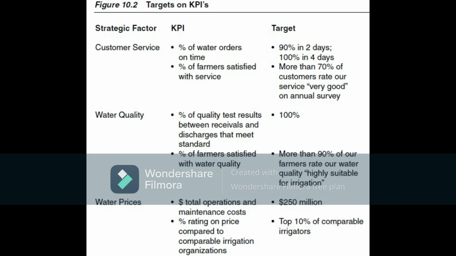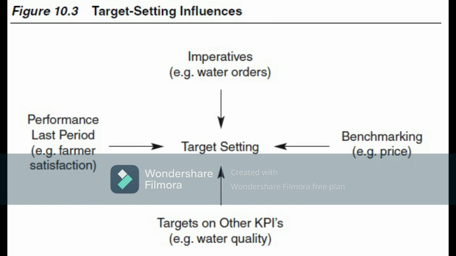Staying with Figure 10.3, we note that the fourth influence on target setting is targets on other KPIs. In other words, targets are set on one KPI through knowledge of targets on another. There is a cause and effect relationship, and in the next section we will cover this in detail.